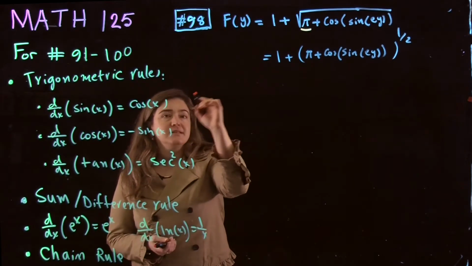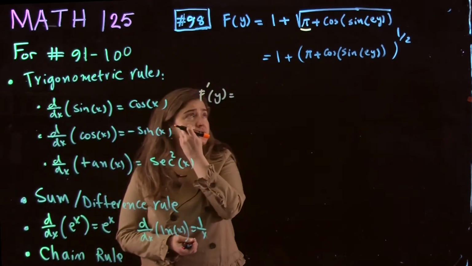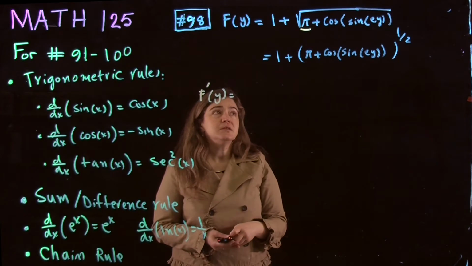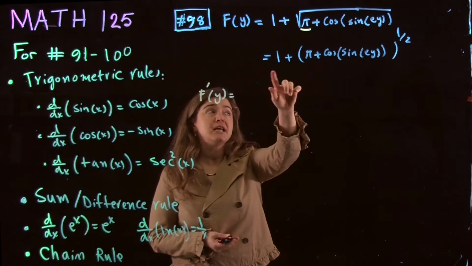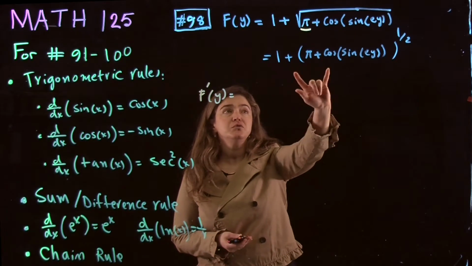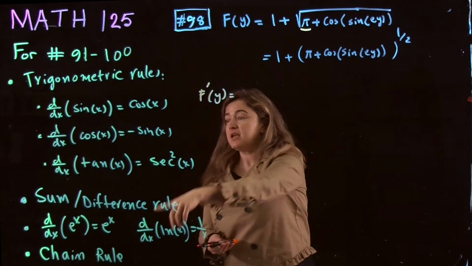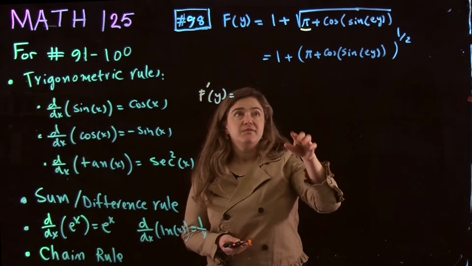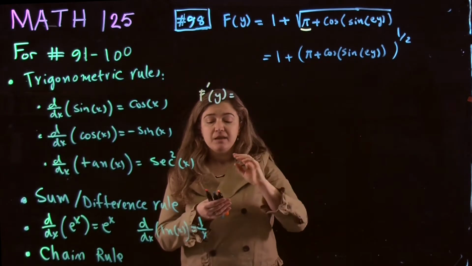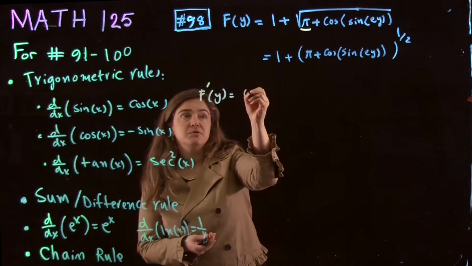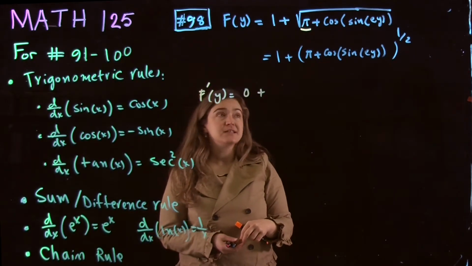I will have f prime of y equal to, first, the connection that I see is two terms and the connector is a plus. So I'm going to use the sum and difference rule: take the derivative of the first term plus the derivative of the second term. The derivative of the first term is going to be 0, plus then we find the derivative of the second term.